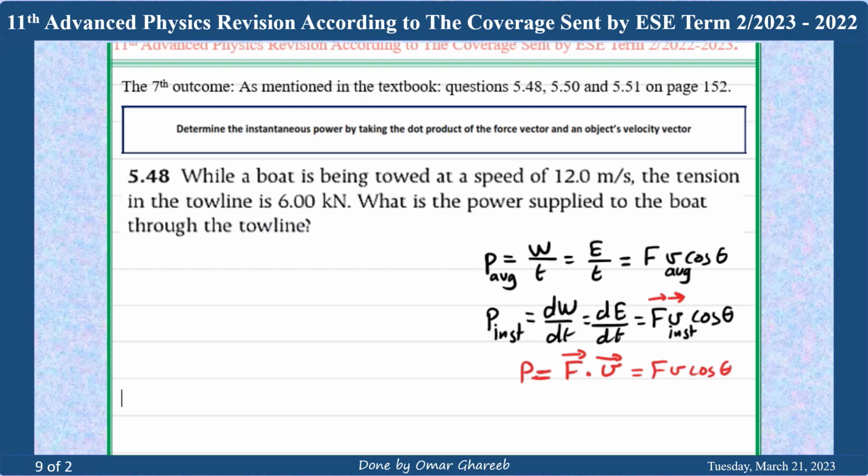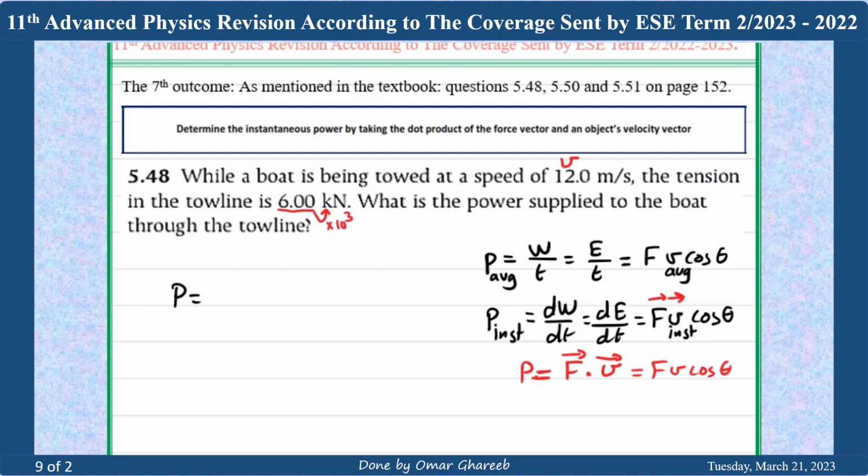Now let's go to these two questions for this outcome. While a boat is being towed at a speed of 12 meters per second, this is v. The tension in the tow line is 6 kilonewtons, so we must multiply by 10 to the 3. What is the power supplied to the boat through the tow line?